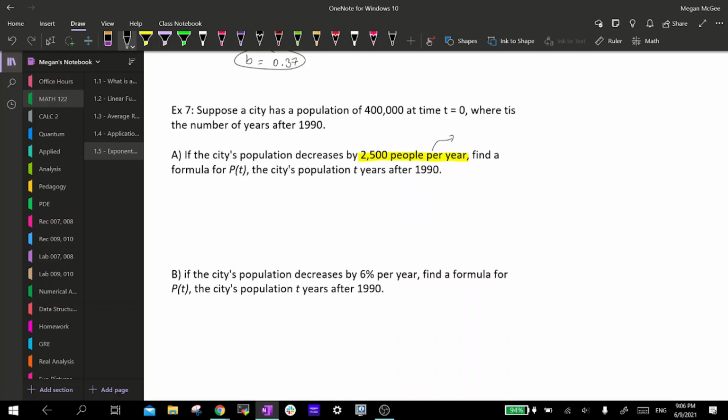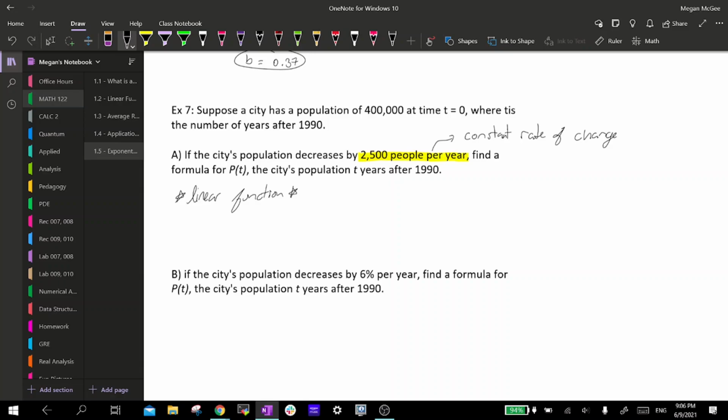That is telling us we have a constant rate of change. Does that describe an exponential function, or does that describe a linear function? When I first did this problem, I started trying to do an exponential function, and I was like, why is this not working? So make sure you're reading the questions very carefully and getting all of the hints that are in the wording.